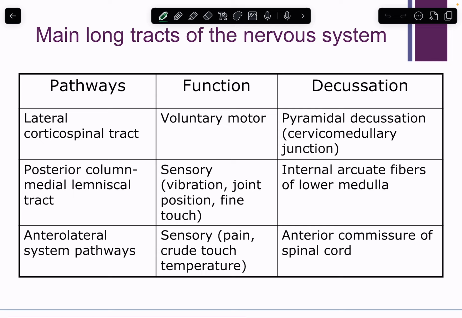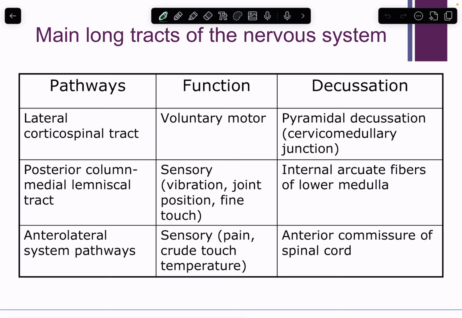These fibers then ascend. Listen to this one. These fibers will ascend ipsilaterally on the same side up the spinal cord to the medulla. And then in the medulla, these fibers synapse with neurons in the nucleus gracilis and nucleus cuneatus and then decussate to the opposite side in the medial lemniscus.